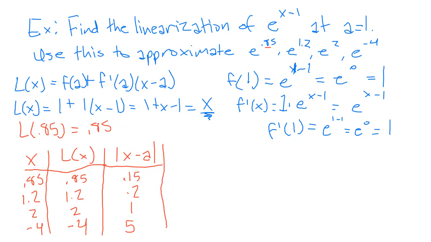Now, let's look at another interesting thing. I want us to take a look at what happens when we find the absolute value of the difference between our actual value and our approximation.